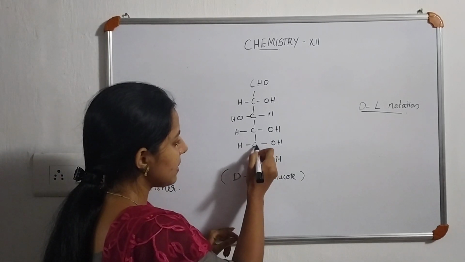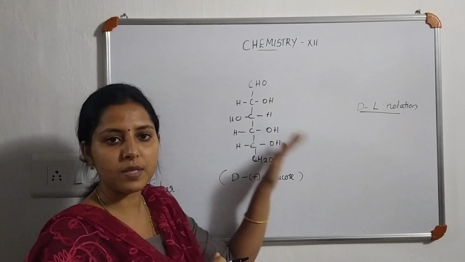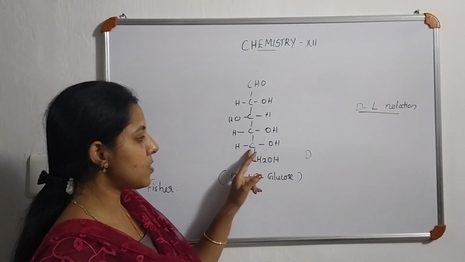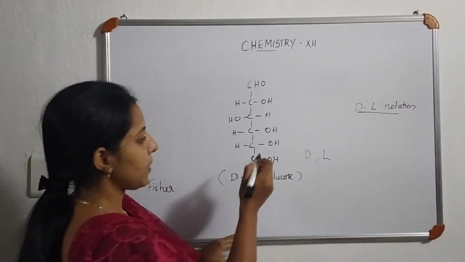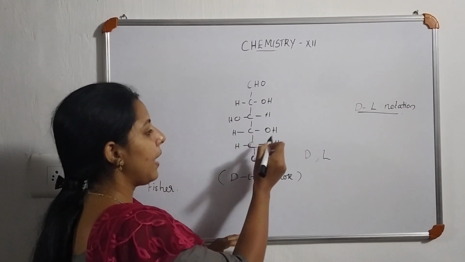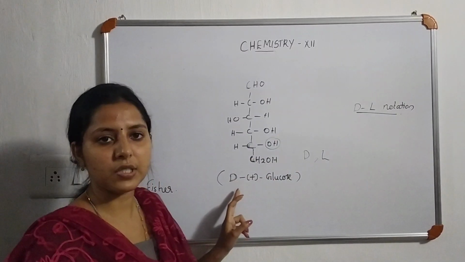Considering this asymmetric carbon, if the hydroxyl group points towards the right, it is called D configuration, and if the hydroxyl group points towards the left, it is called L configuration. So in this structure, the OH group on the farthest asymmetric carbon atom points towards the right, therefore its configuration is D.